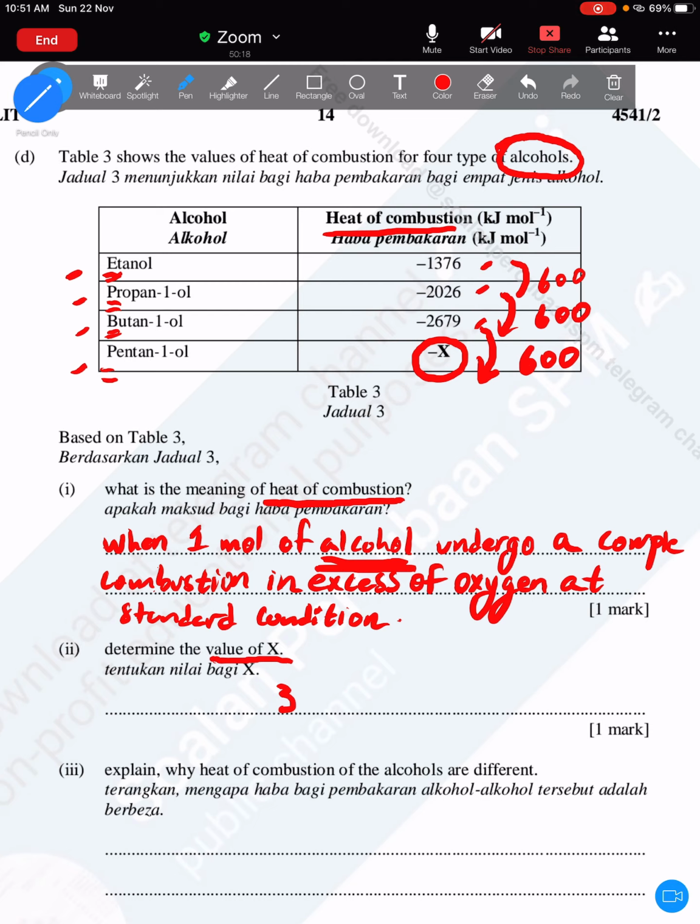3,200 kalau tambah 600. I answer 3,300. Make sure you have the unit, girls and boys. Kilojoule per mole. And don't forget the sign, negative sign. You're scared it will be confusing, am I right?